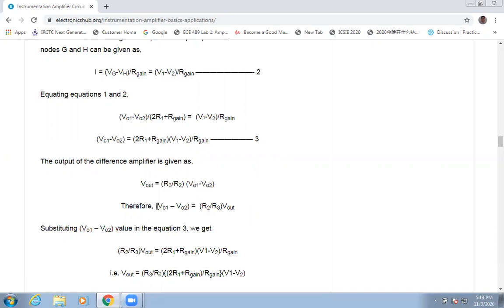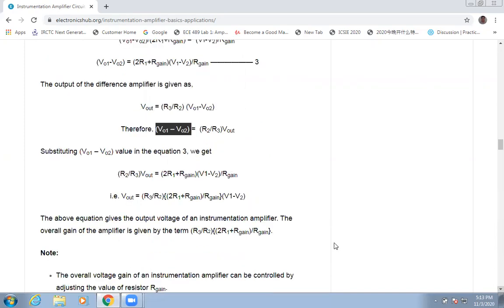Now we will substitute the values of V naught 1 and V naught 2 in equation 3, and we will receive V out is equal to R3 divided by R2 into twice R1 plus R gain divided by R gain into V1 minus V2. Therefore, the above equation gives the output voltage of an instrumentation amplifier.